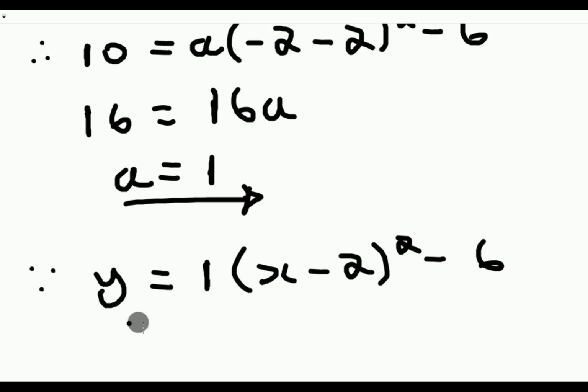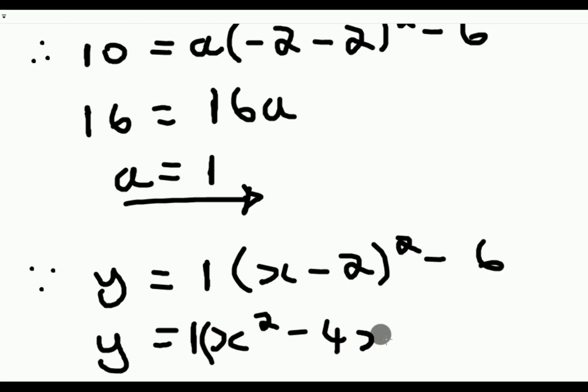Let me just keep the 1 so that you don't get confused. 1 multiplied by x squared minus 4x plus 4, minus 6.